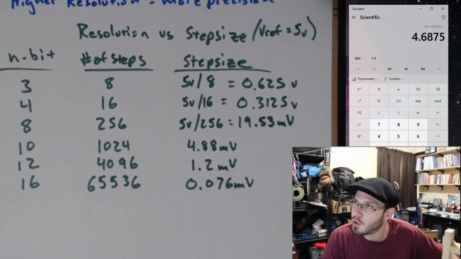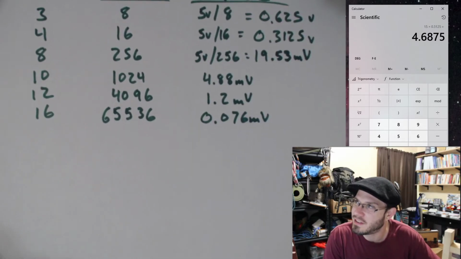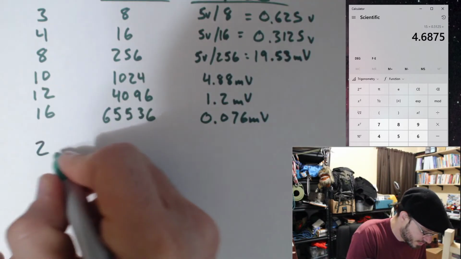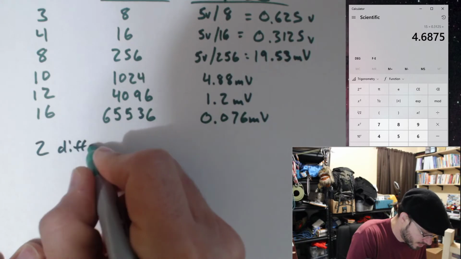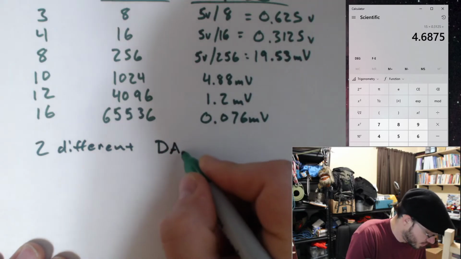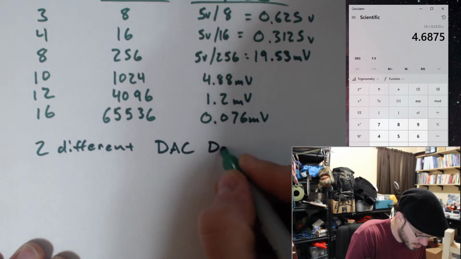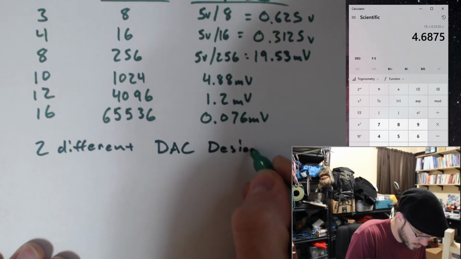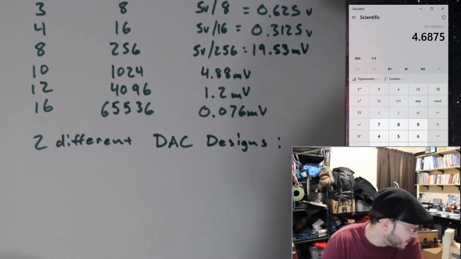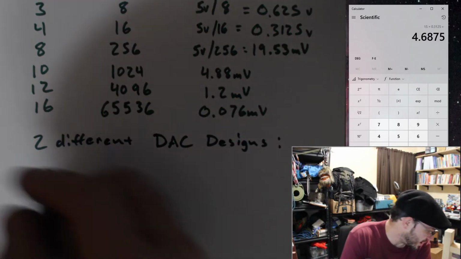Now, we are going to cover two different designs of digital to analog converters. The first one is going to be the binary weighted resistor.